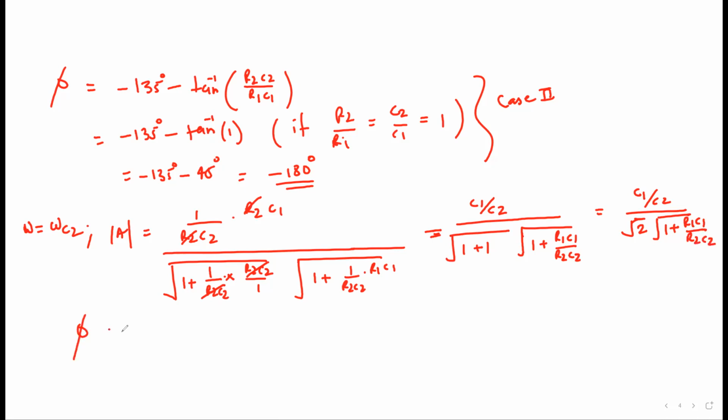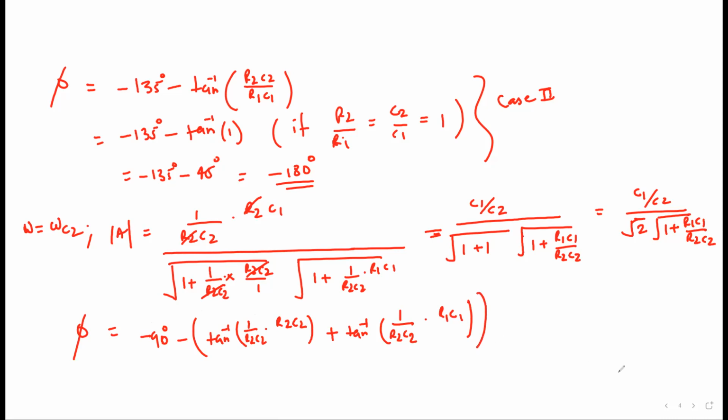What about the phase? It would be minus 90 degrees minus tan inverse of 1 over R2C2 times R2C2, plus tan inverse of 1 over R2C2 times R1C1.